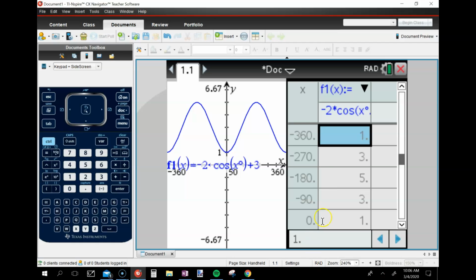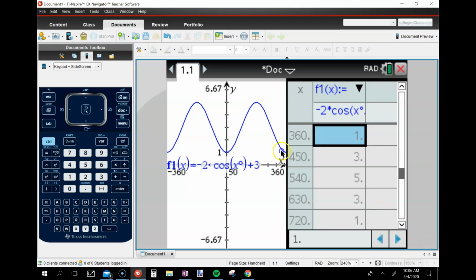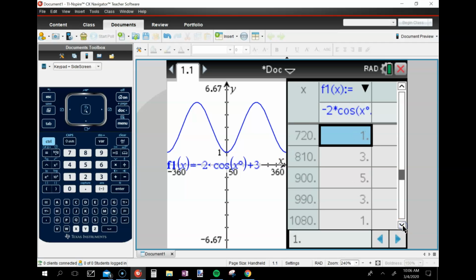So to plot this, I need to start at -360 and plot 1, 3, 5, 3, 1, 3, 5, 3, 1, 3, 5, 3, because that is the pattern. Okay, let's do it.